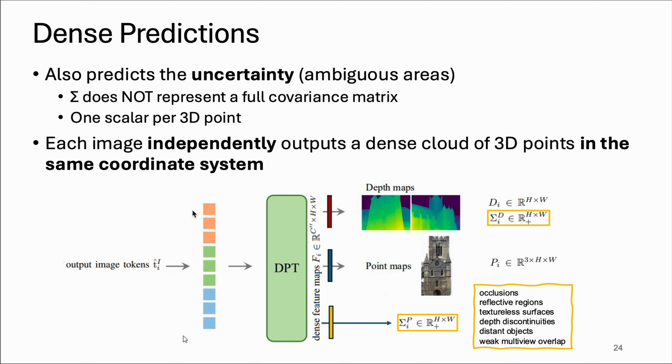Because for each image, here this orange, green, and blue represent 3 images. For each image there are 3 image tokens. They are output from the AA module. In the AA module, those image tokens have already gone through the global attention and frame attention, so they have already attended to other frames and other patches within the same frame.